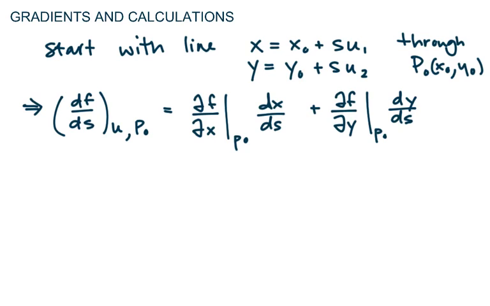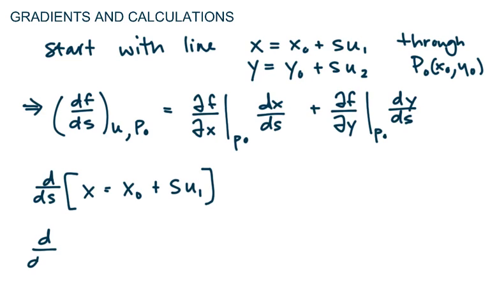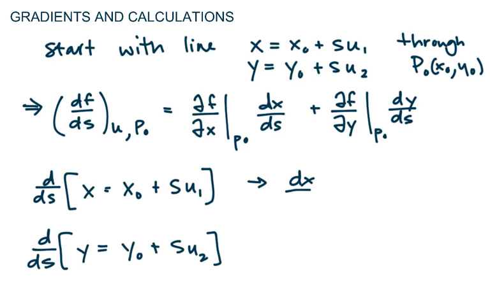If I look at differentiating both of these parametrized pieces with respect to s, so d/ds of x equals x naught plus s times u sub 1, and d/ds of y, which equals y naught plus s times u sub 2, we would determine that dx/ds is equal to u sub 1, and dy/ds is equal to u sub 2.